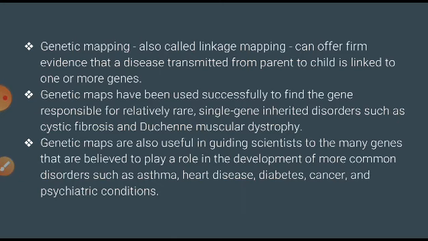CFTR is the cystic fibrosis transmembrane regulator protein. So if that gene gets mutated on chromosome 7, then cystic fibrosis happens. So you need to identify where that CF gene on chromosome 7 is actually located.